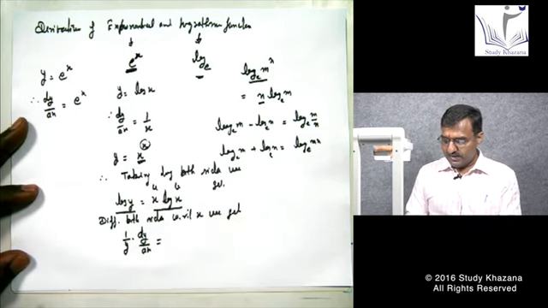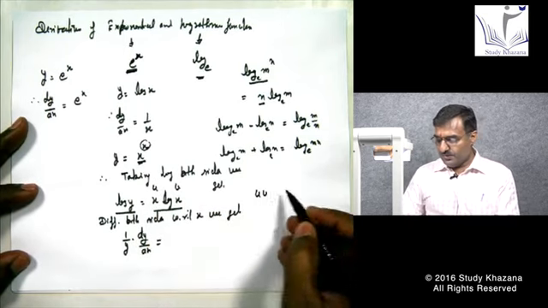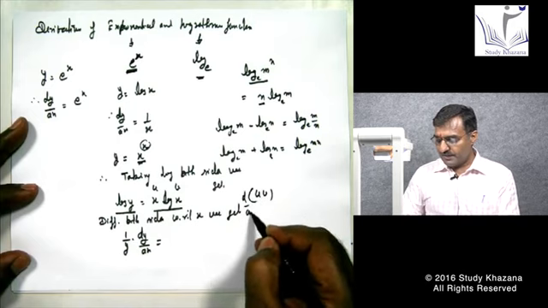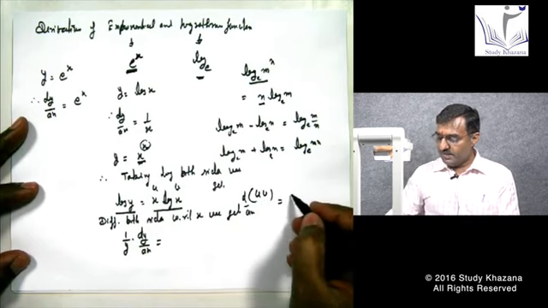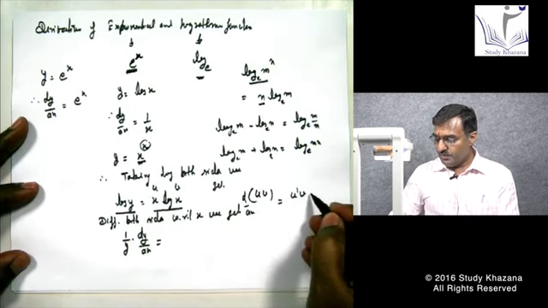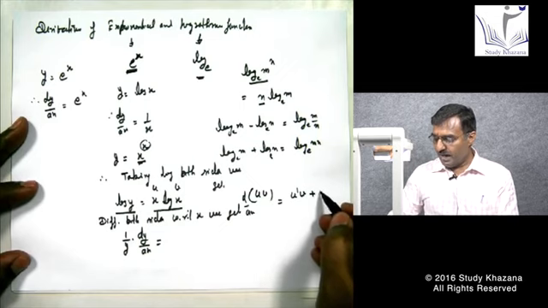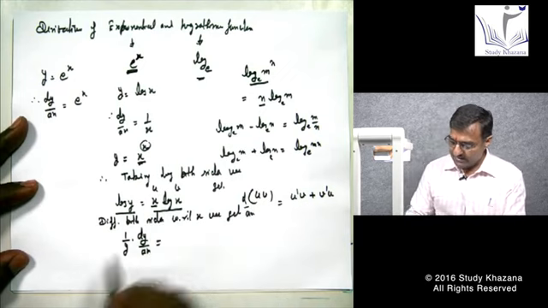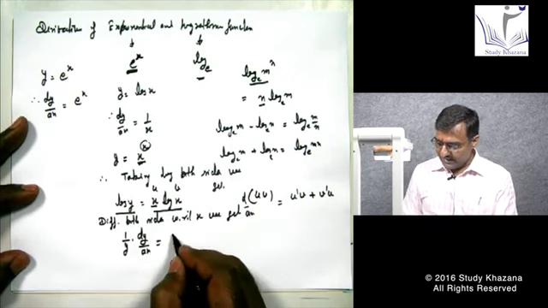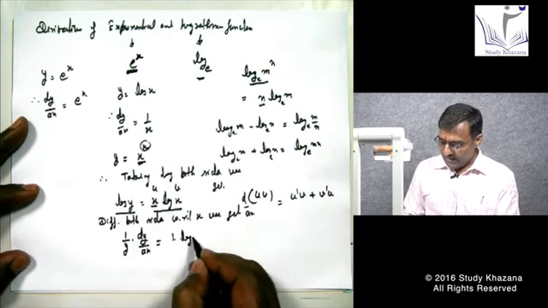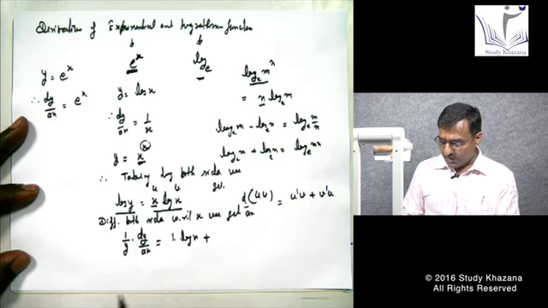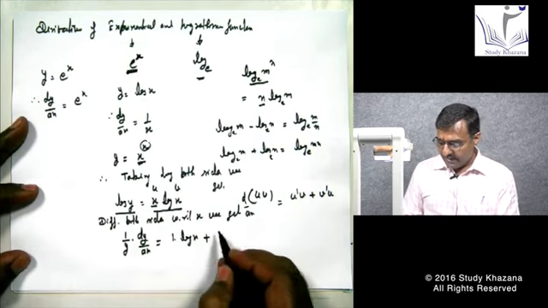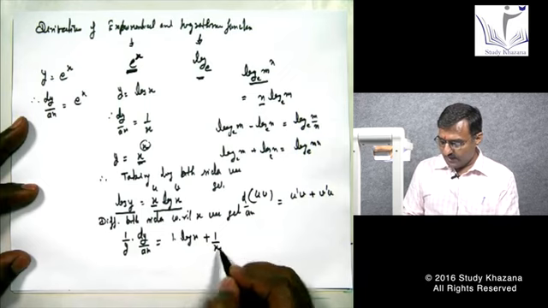What is that rule? The uv rule, d by dx of uv is, as we have already studied, u dash v plus v dash u. So first, what is the derivative of x? It is 1. Log x is as it is, plus, now what is the derivative of log x? It is 1 by x and x as it is.